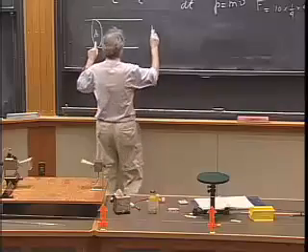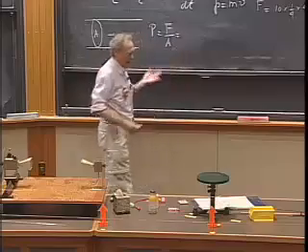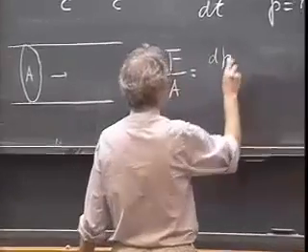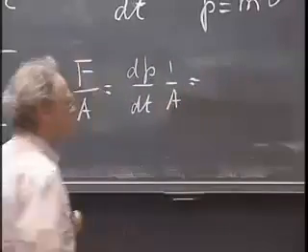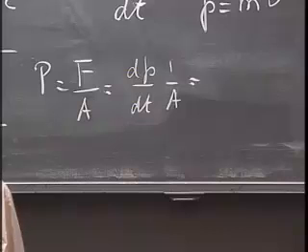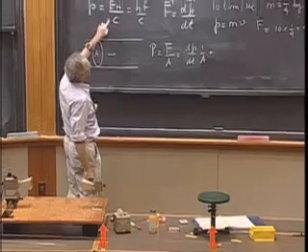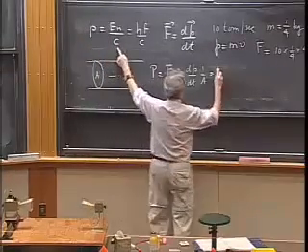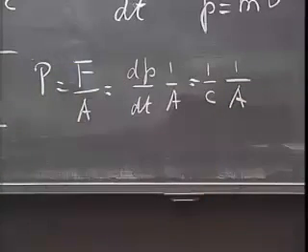The pressure that you feel is obviously the force that you experience divided by the area. The force is dP/dt divided by the area. But if the momentum is the energy divided by c, I take dP/dt, so I get 1 over c, then I get my 1 over A, and then I get dE/dt, E being the energy now.